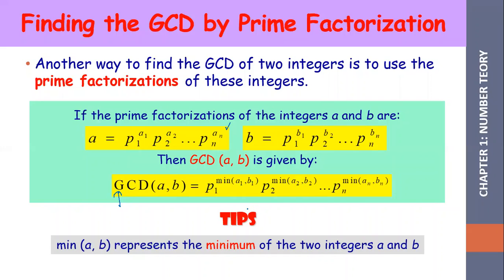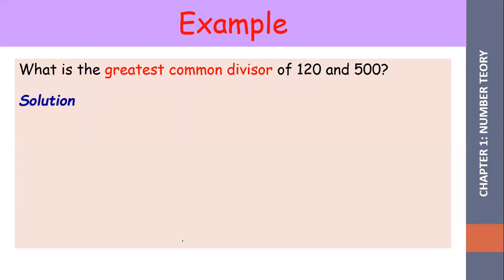All right, so let's see the example. What is the greatest common divisor of 120 and 500? So you have to find the prime factorization of 120. Again, tak tahu macam mana buat macam ni, 120, you have to divide it by the smallest prime.